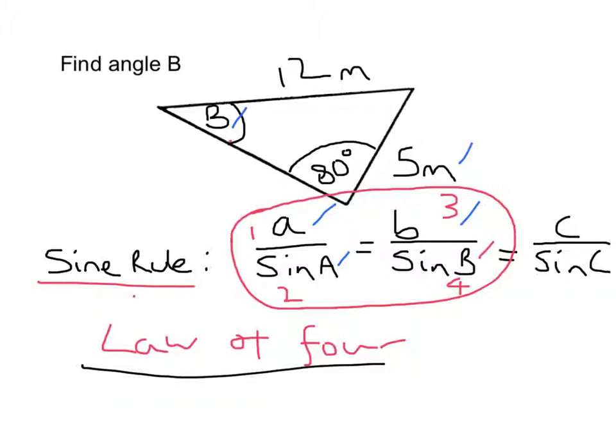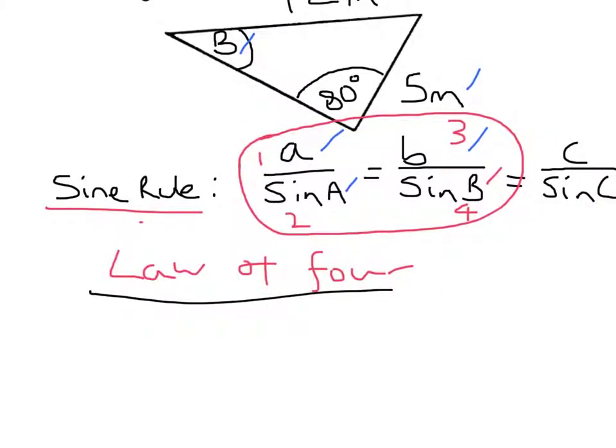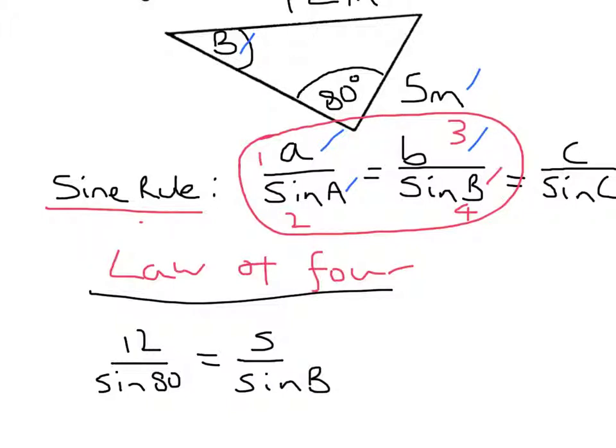So what we can do then is rewrite our sine rule just as before with our values in it, so that we will get 12 over sine 80 degrees equals 5 over sine B. I want you to rearrange this equation and try and find out what the size of angle B is.